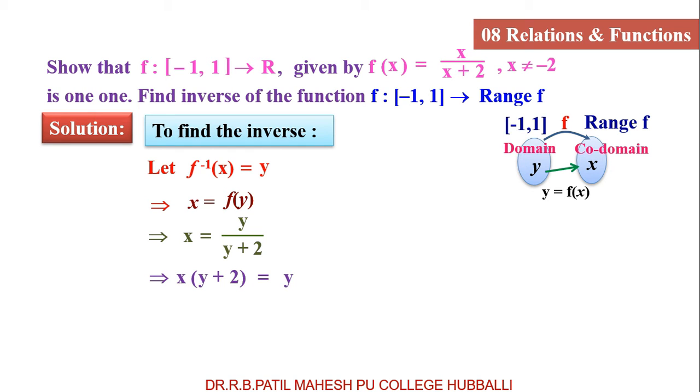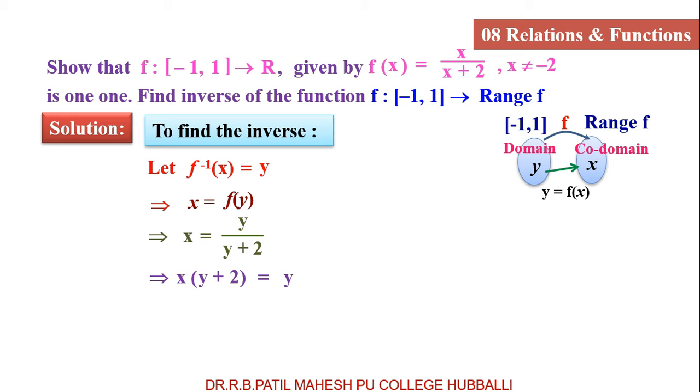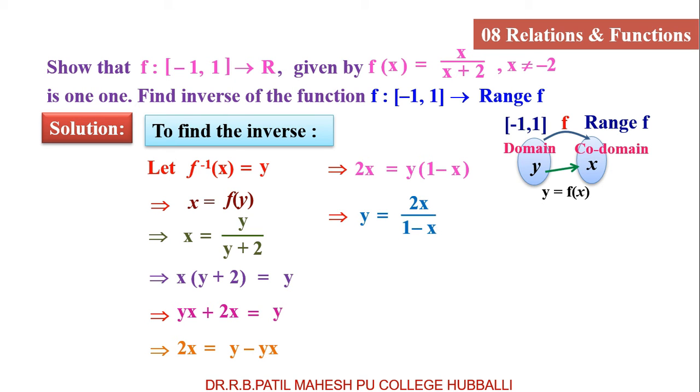Then cross multiply, taking y plus 2 to the left side, so that x into y plus 2 is equal to y. xy plus 2x is equal to y. Solving for y, so that 2x is equal to y minus yx. Taking y common on the right side, then y is equal to 2x upon 1 minus x.